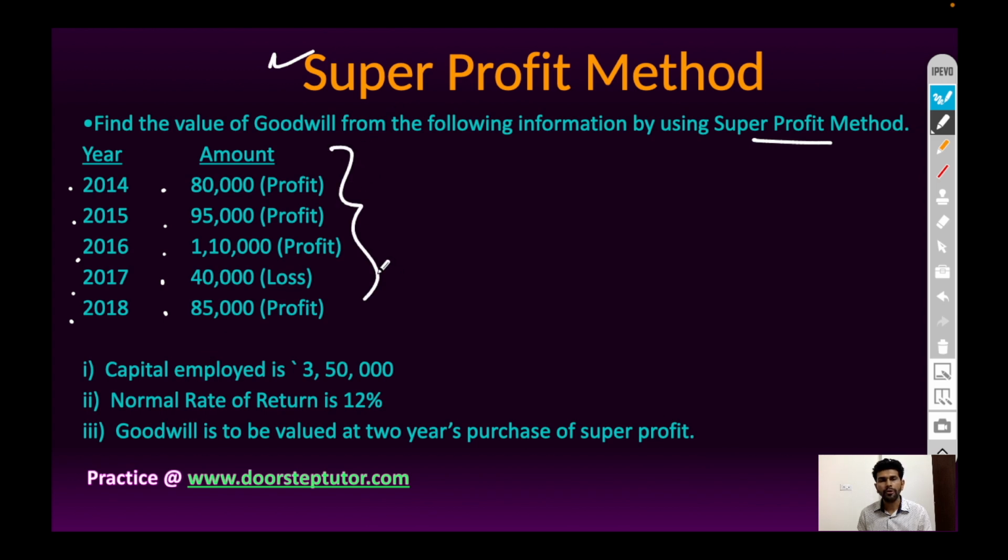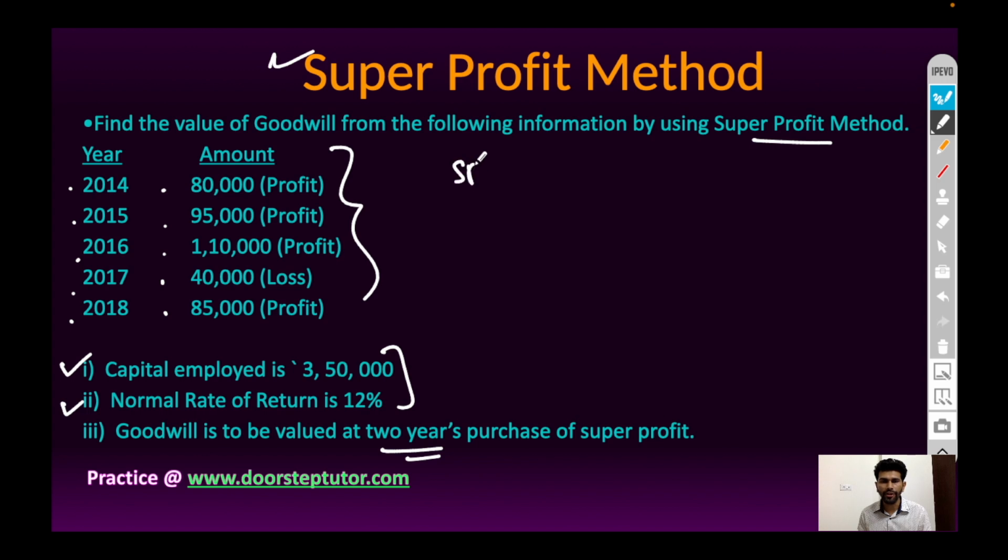This will be helpful to calculate average profit. Capital employed is rupees 3,50,000. Normal rate of return is 12%. This will be helpful to calculate normal profit. Goodwill is to be valued at 2 years purchased of super profit.